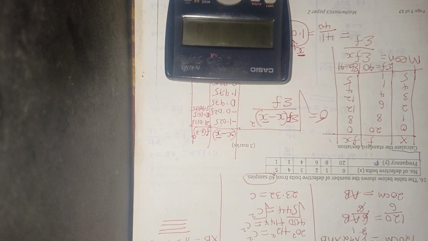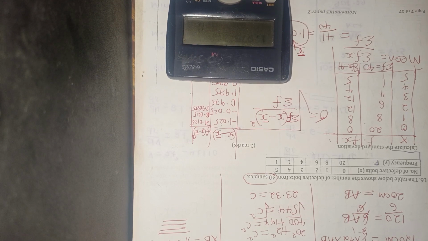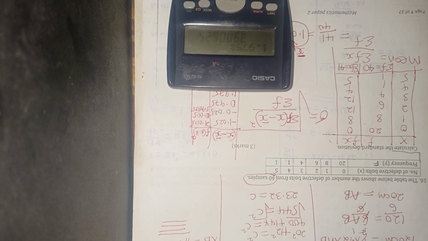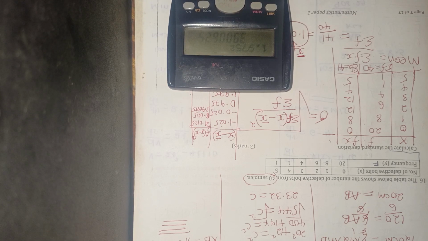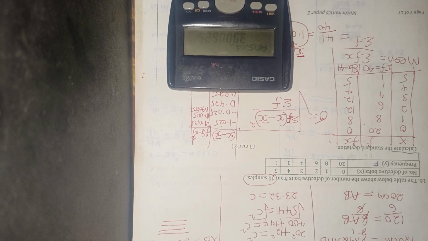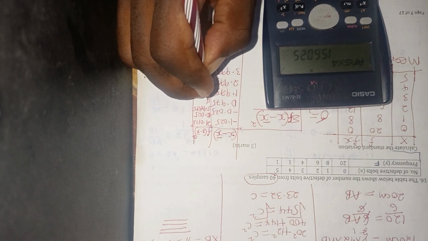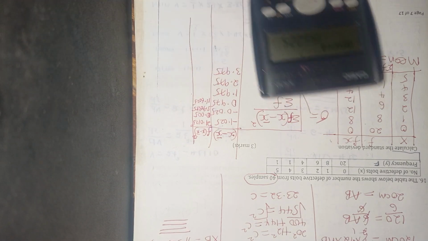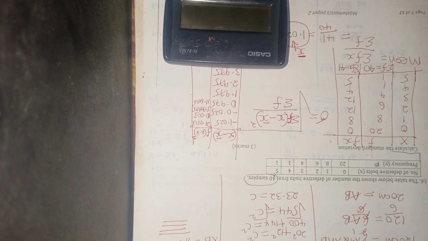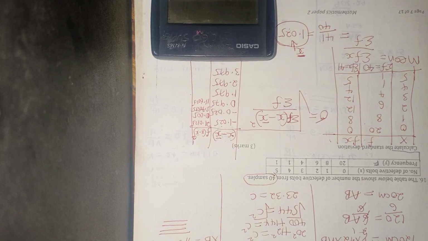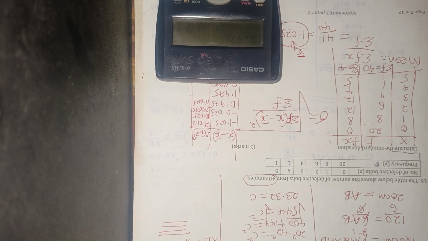Next is 1.975 squared. That is the answer. Then you multiply that by the frequency, which is 4. It gives 15.6025. Then you come here and say 2.975 next, squared, then you multiply by the frequency, which is 1.